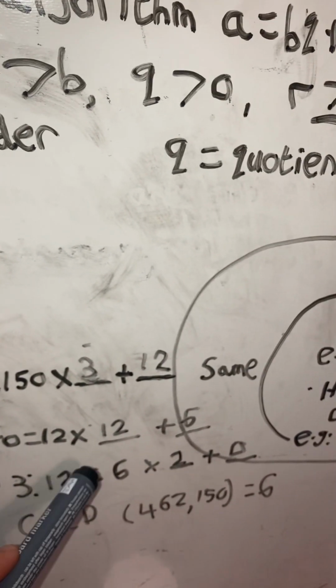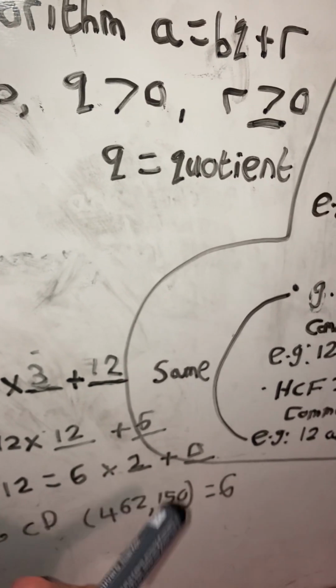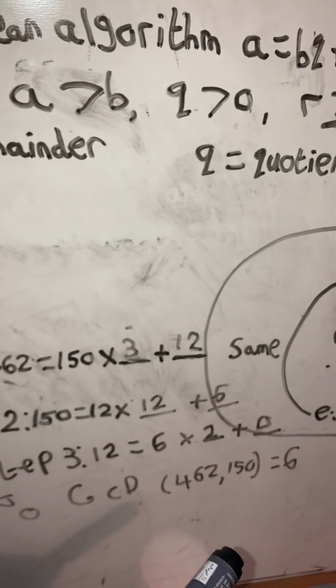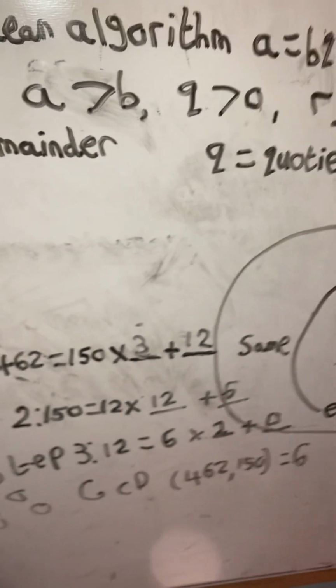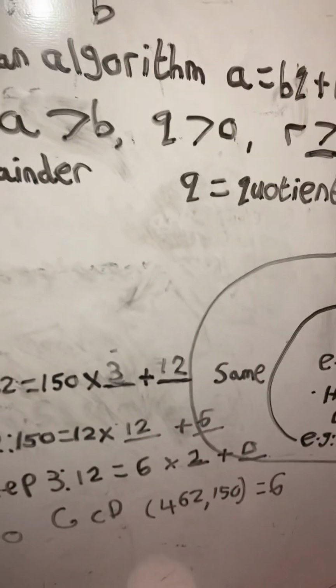And then the same here, so 12 moves here, you get 6 times 2 plus 0. You hit a 0 remainder so you can stop, and this gives you the answer as the greatest common divisor of the two numbers, which is 6.